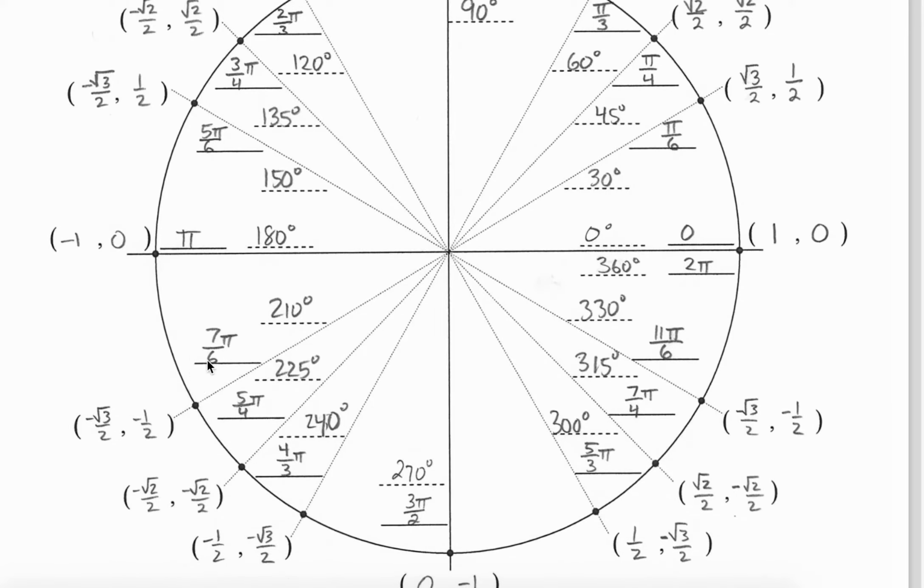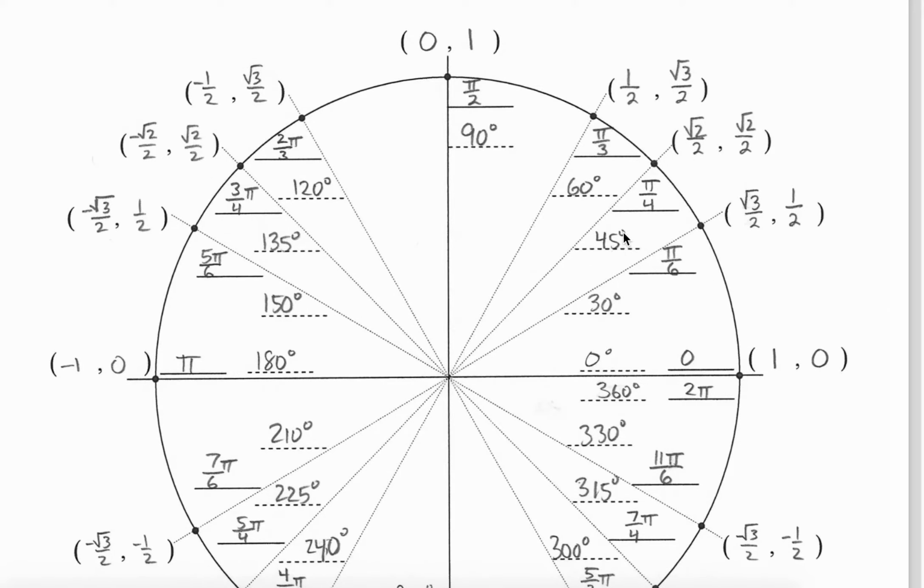Keep going. We got 7/6 pi, 8/6, which would be 4/3, 9/6, which would reduce to 3/2, 10/6, that reduces to 5/3, 11/6, and then finally back to the beginning, that would be 12/6, which reduces to 2 pi.